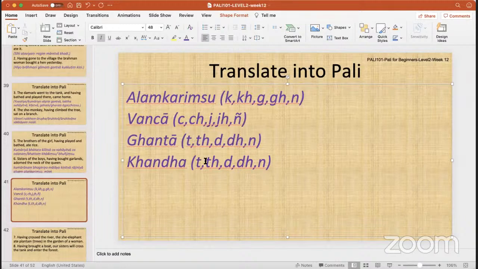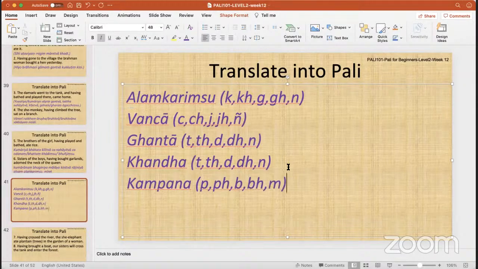These things I need. And then one more is, let's say, kampana. Okay, these are just simple examples. I will tell why. Pa, pha, ba, bha, ma. Okay, very important point somebody actually pointed out.